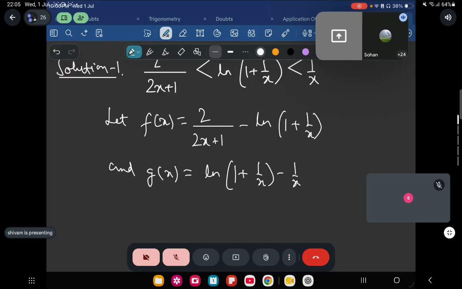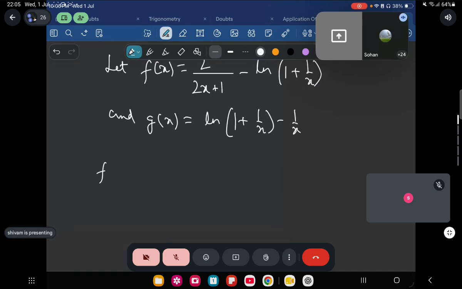Over here, what is f dash x? F dash x will be equal to minus 2 by 2x plus 1 whole square multiplied by 2, right? Then minus ln 1 plus 1 by x.